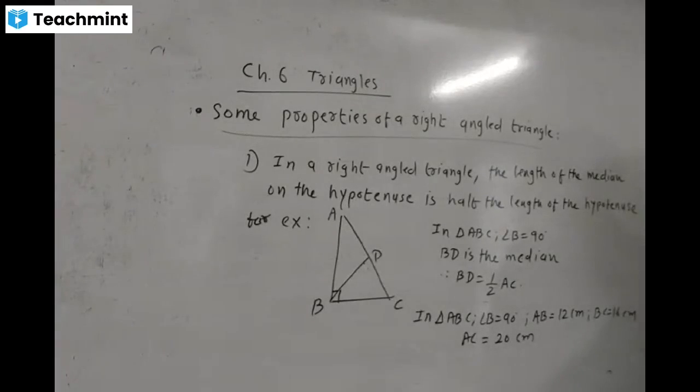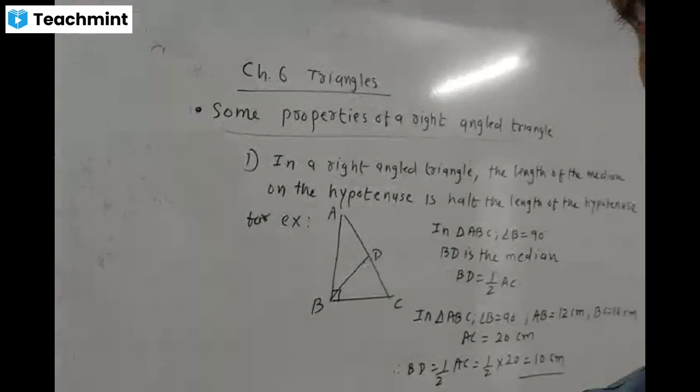Then find the length of BD. Therefore, BD is equal to 1/2 AC, 1/2 into 20, that is equal to 10 centimeter. Okay. Have you any doubt?